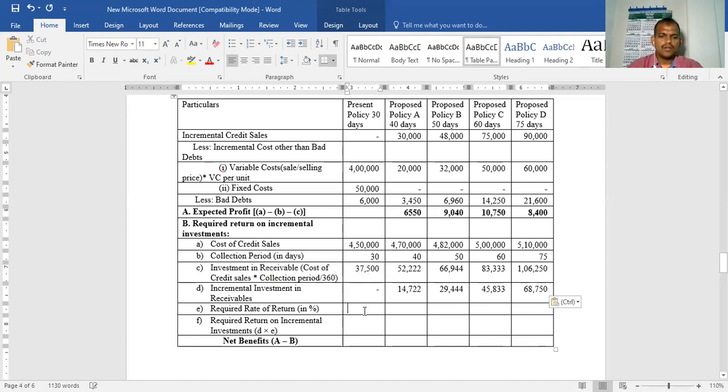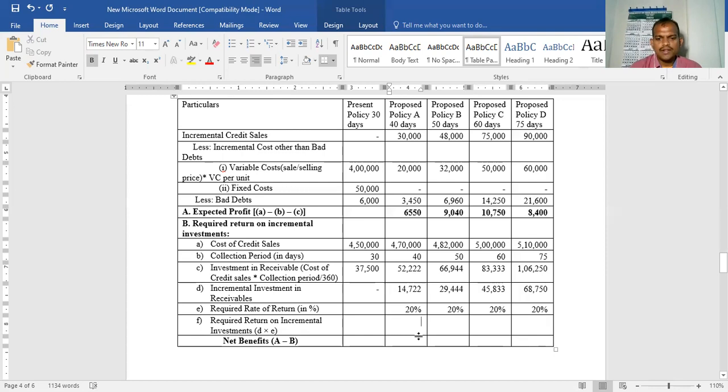Okay. Now, required rate of return. How much? 20%. So, required return on incremental investment. This is the incremental investment.